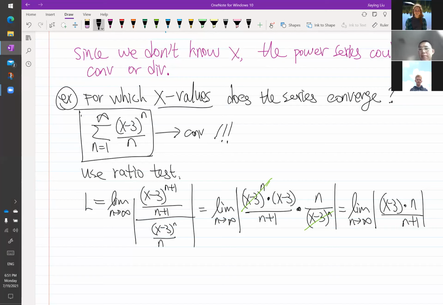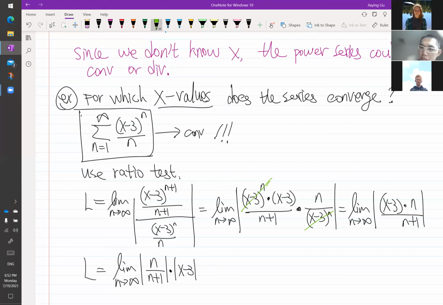I'm going to take one more step. I'm going to separate the part that depends on n and the part that doesn't depend on n, because when we take the limit, only the part that depends on n will be affected. So I'm going to rewrite it as L equals the limit as n goes to infinity of the absolute value of n over n plus 1 times the absolute value of x minus 3. That's why we keep the absolute value.